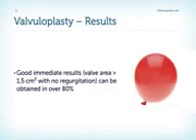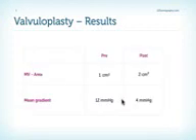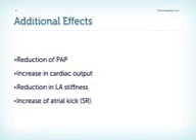The results for valvuloplasty are actually quite good. Usually you can obtain mitral valve areas somewhere above 1.5 square centimeters with no significant regurgitation. We do not only see an increase in the mitral valve area, but also a decrease in the mean gradients. The patients also improve with respect to the pulmonary artery pressure.